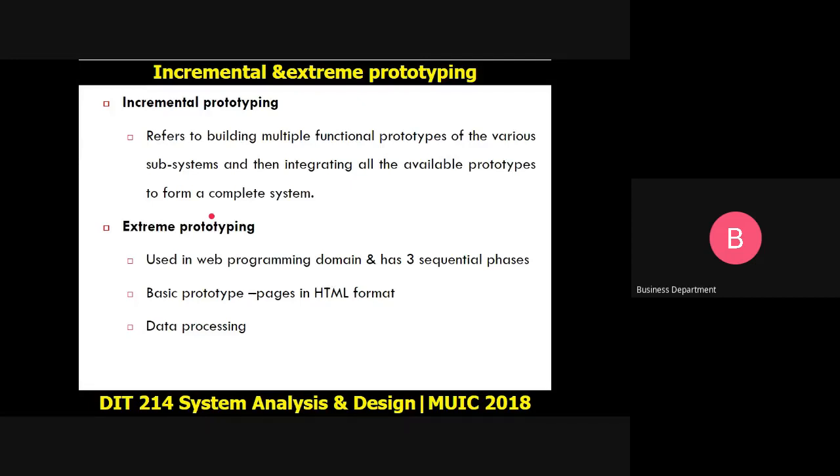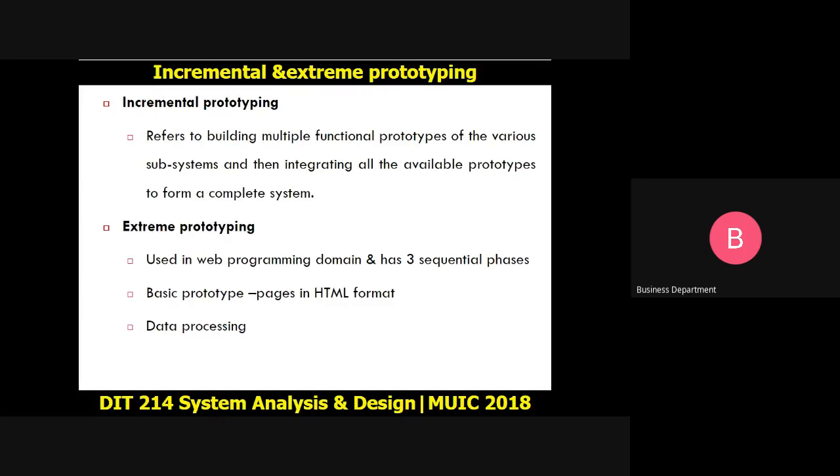Okay, let me just repeat it again. We have said the extreme prototyping is used extensively in web programming domain, or when someone's creating web applications. And we have said this kind of prototyping has like 3 stages. Stage number 1, it's whereby you'll create the basic prototype.